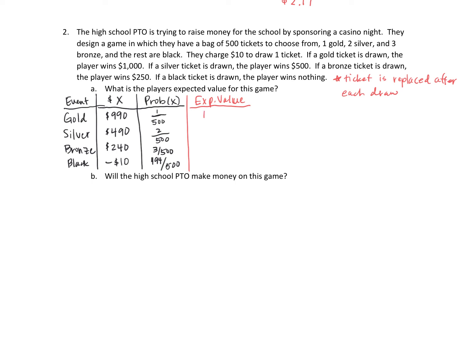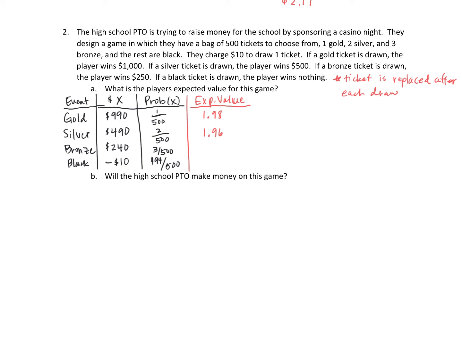And the expected value is positive 198. Then we do 2 divided by 500, and that's 0.004, and we multiply that by $490, and that expected value is 196.